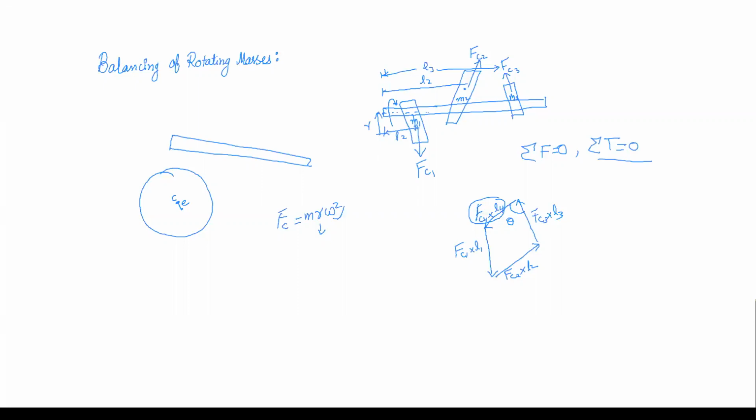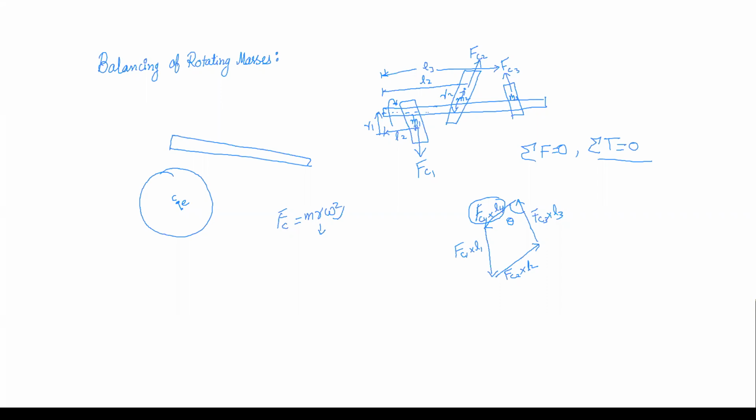This is R1. So let's say we have applied all the loads such that R is also the same. It means that the distance from the center of the shaft to the CG of each load is the same. So R1 is equal to R2 is equal to R3.